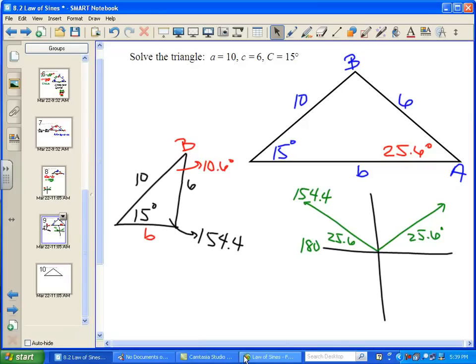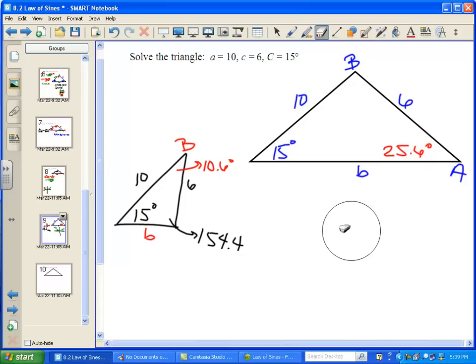So what we're going to do is go back here. Now I've got to solve both triangles. It won't be too bad for this first triangle that I dealt with here in the top right. I've got 15 plus 25.6 makes 40.6, which would leave 139.4 degrees for angle B. Okay, yeah, that looks right.